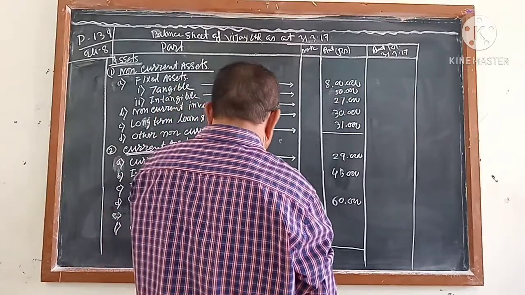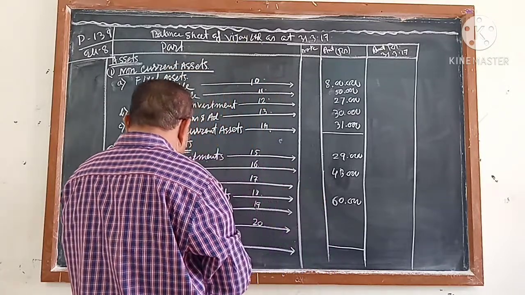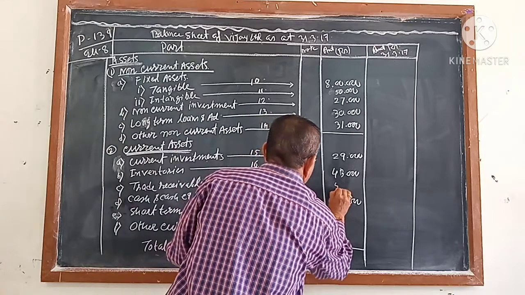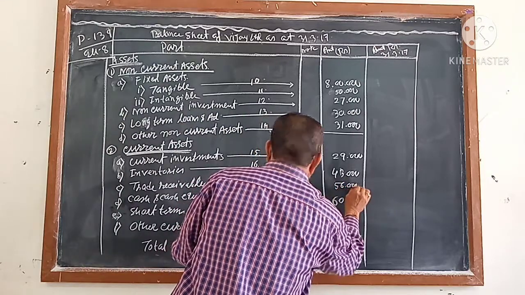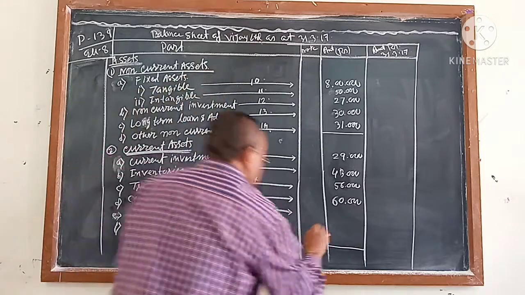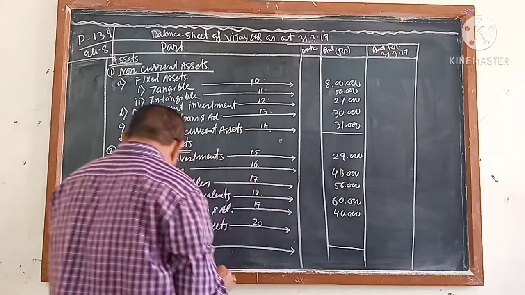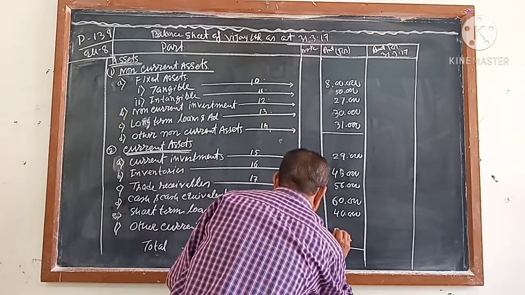Then you will get trade receivables 56,000. That you will get from questions 56,000. Then short-term loans and advance. That also is given in the questions 40,000. And you are getting other current assets of rupees 8,000.